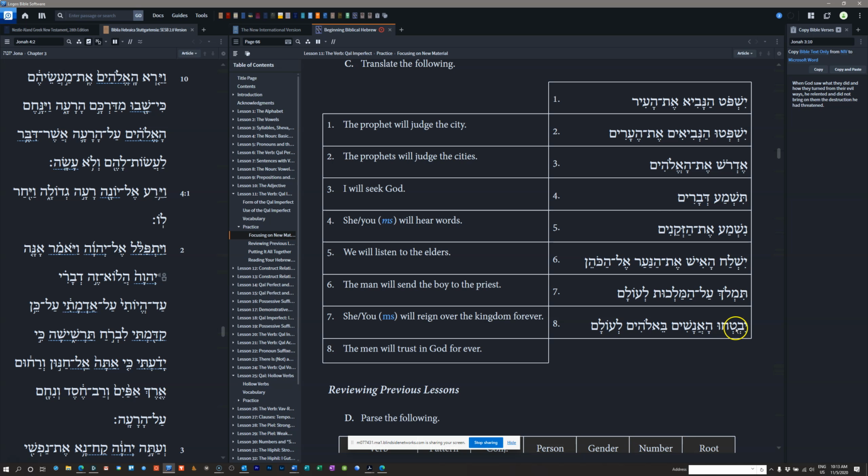So we take those off, we get batach as our root. Batach in its lexical form, Qal Perfect 3MS, means he trusted. In this inflected Qal Imperfect 3MP form, it means they, masculine plural, will trust.